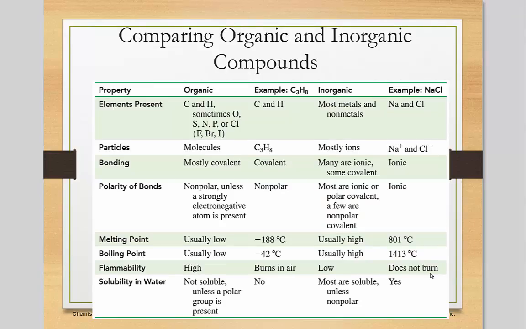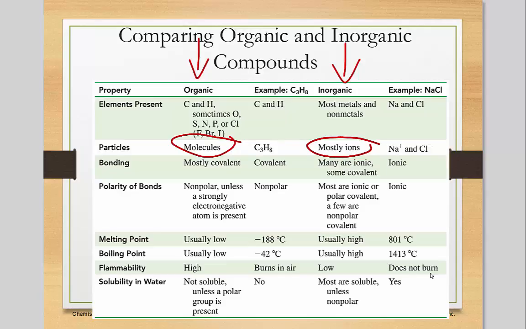So let's compare organic and inorganic. The elements present for organic are typically carbon and hydrogen and possibly some other ones, whereas inorganic is pretty much all of them. Organic compounds are molecules, while inorganics are typically ions.